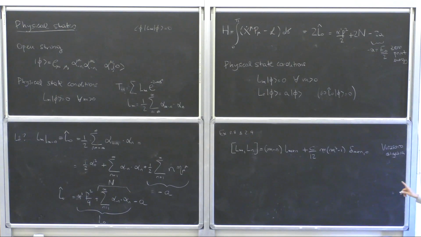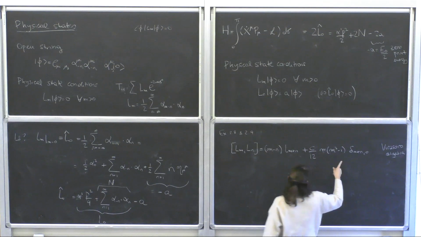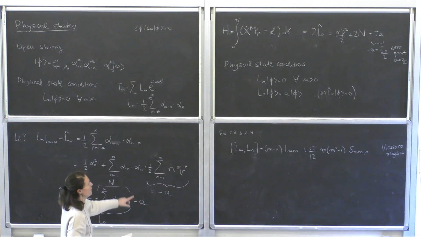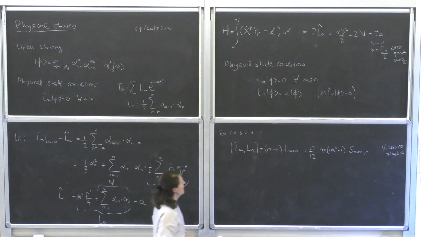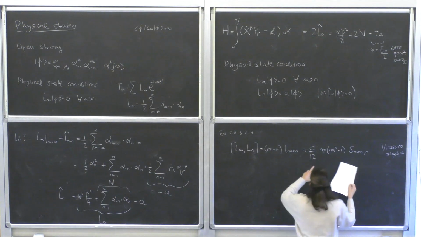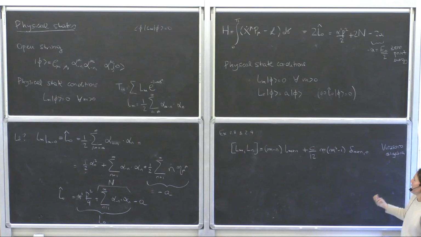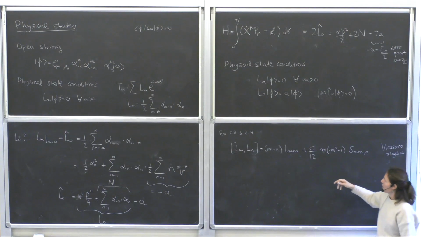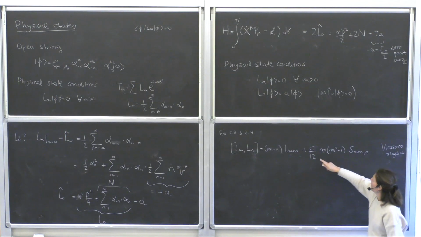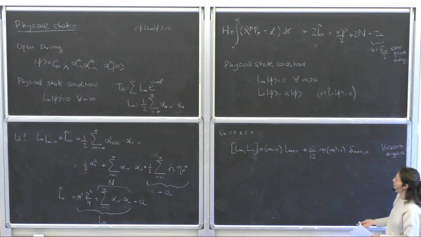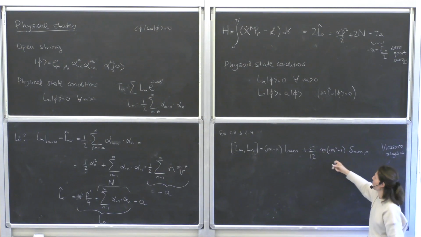And here you see the nice thing of reabsorbing. If I didn't absorb this A in the definition of L0, then I would have it here. So the nice thing is, for the commutators of L1, L minus 1, and L0, this term goes away.